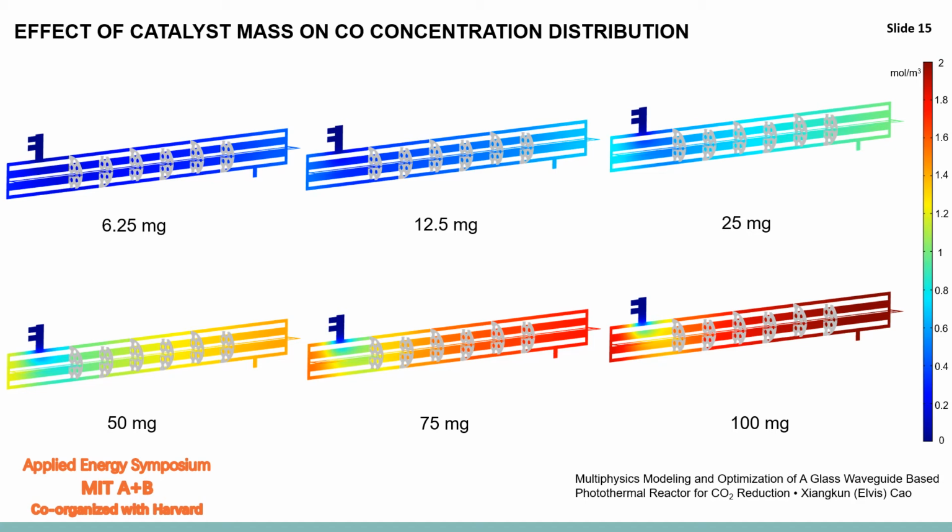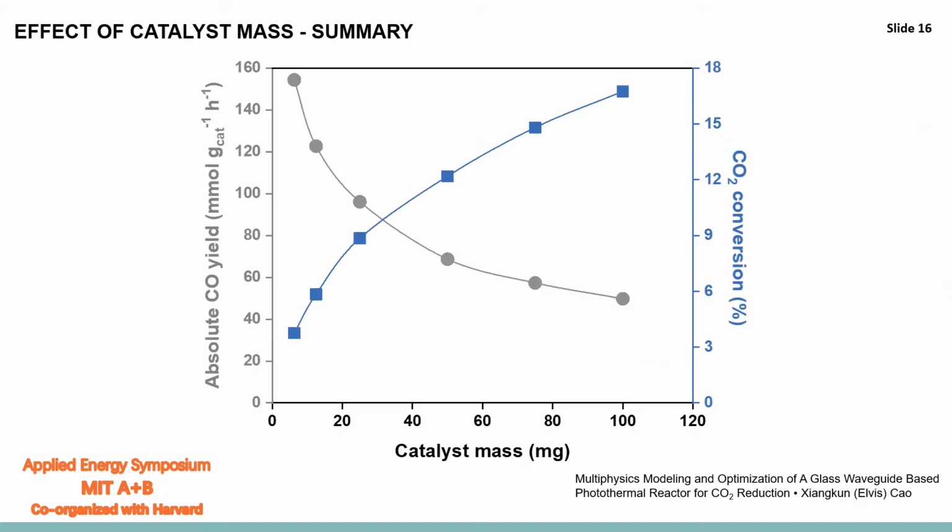There's a certain amount of CO2, but you have a lot of catalyst mass available in the reactor. So here is the summary of the effect of catalyst mass. With the increase of the catalyst mass, they will actually have opposite effects on the absolute CO yield and the relative CO2 conversion.